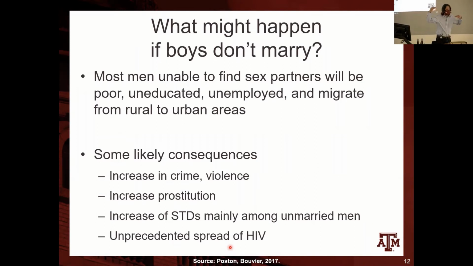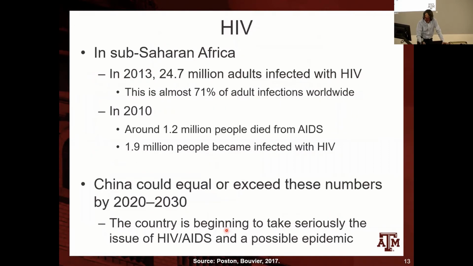So you have an unbalanced sex ratio at birth, more boys being born than girls, that will affect a lot of factors in your society: crime, violence, and also health and mortality, right?